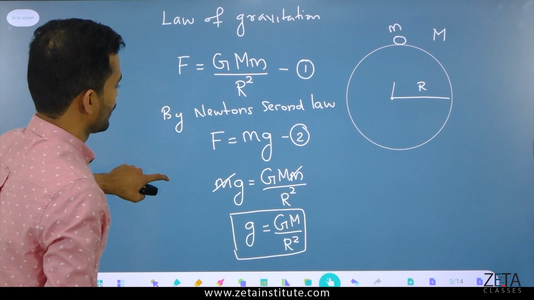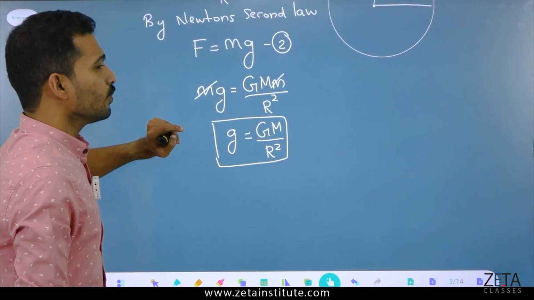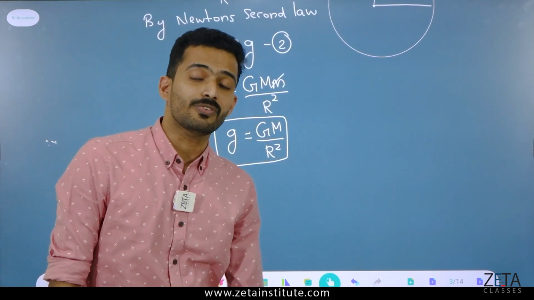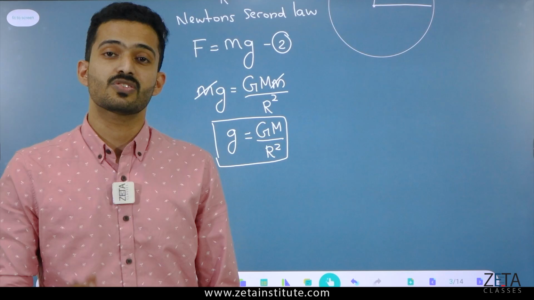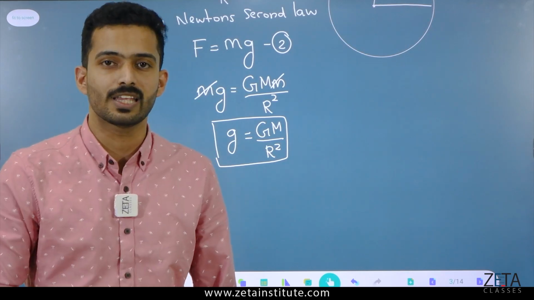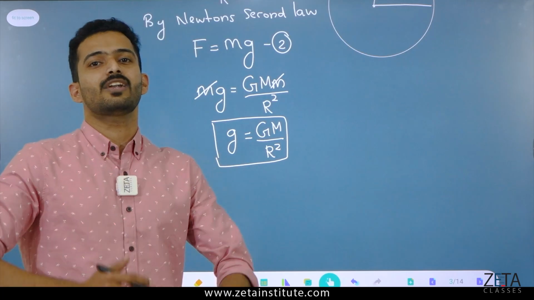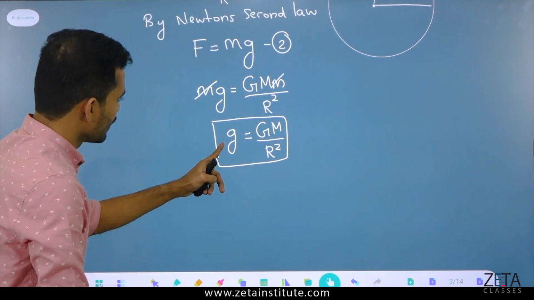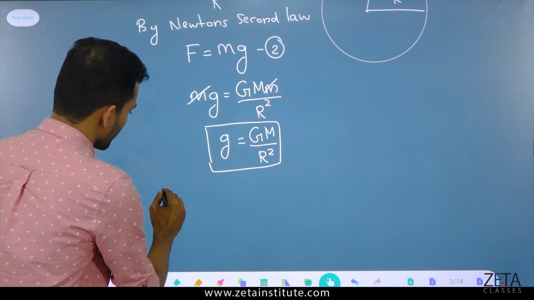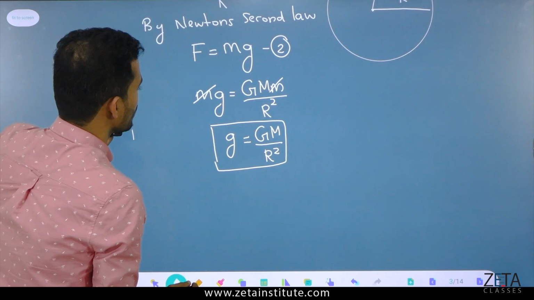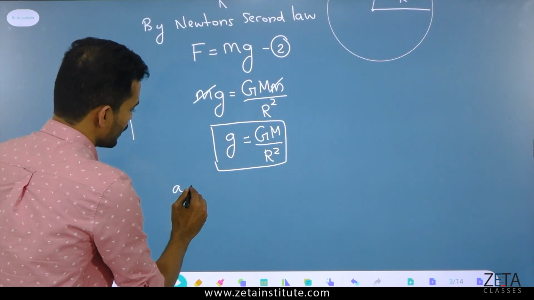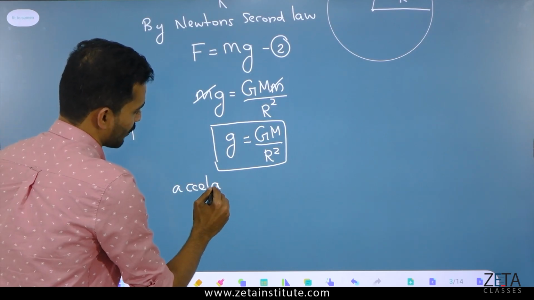Okay, then you are familiar with the value of acceleration due to gravity. You have studied in lower classes that it is 9.8 meter per second square. So how do we get that value? Here we can calculate the acceleration due to gravity on the surface of the earth.